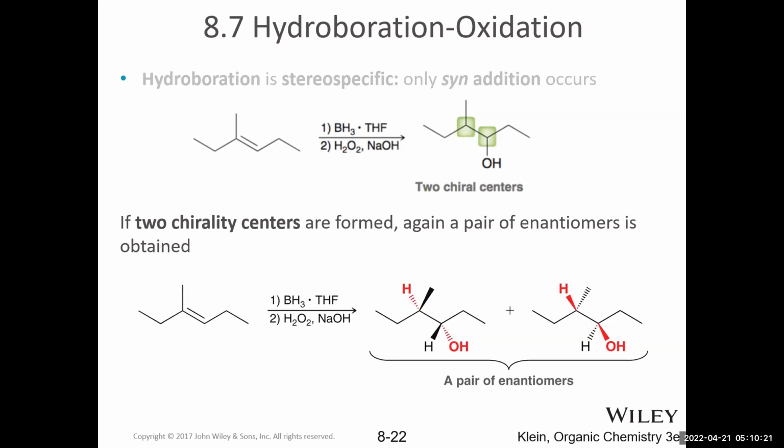So reactions which are syn selective only form 2 products when 2 chiral centers are formed. Again, any of these reactions, if only 1 chiral center is formed, you will always get a racemic mixture of the 2 enantiomers. However, therein comes a difference when 2 chiral centers are formed.